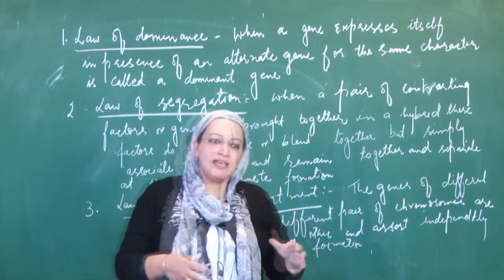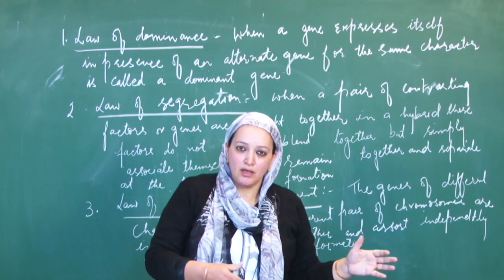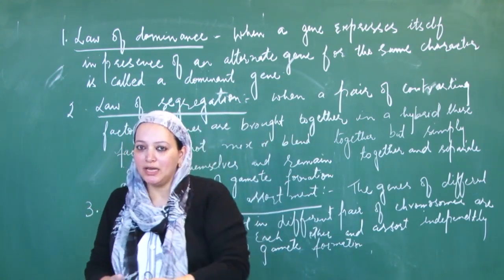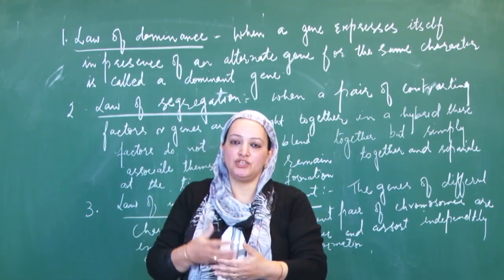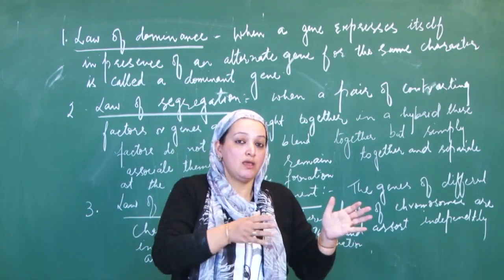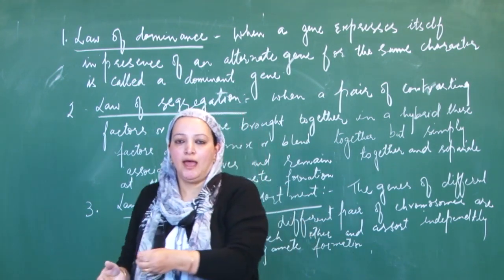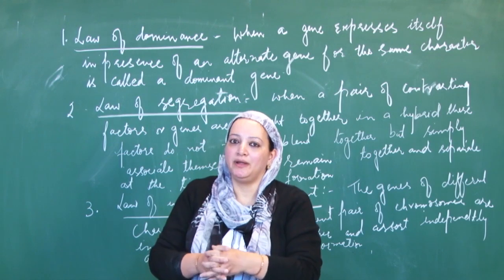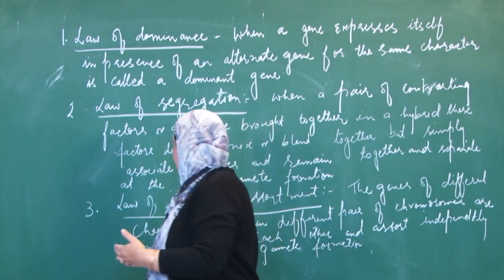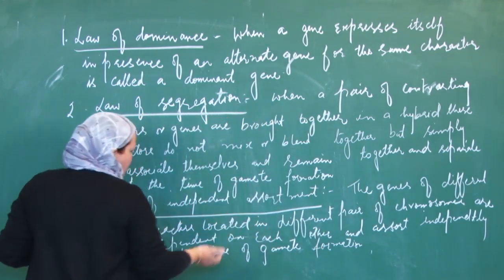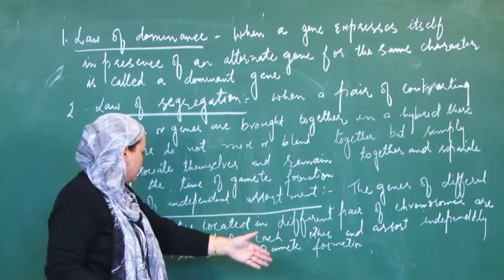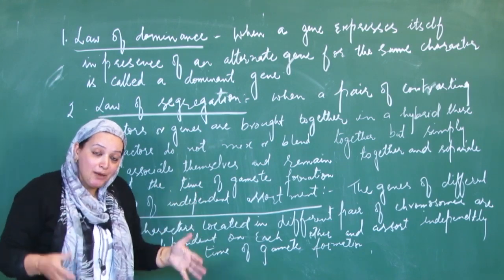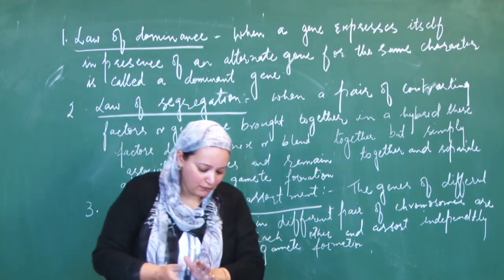This means the yellow color was not dependent on the round shape, and the wrinkled shape was not dependent on the green color, because we got combinations in the F2 generation which were yellow and wrinkled, and green and round. So this is the law of independent assortment. That means the genes of different characters located in different pairs of chromosomes are independent of each other and assort independently at the time of gamete formation.